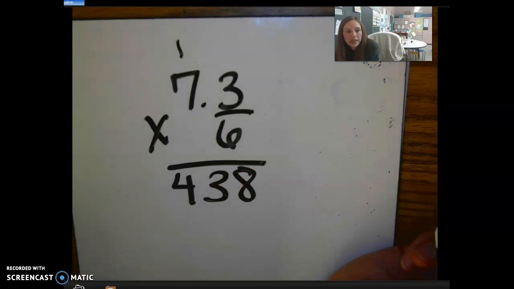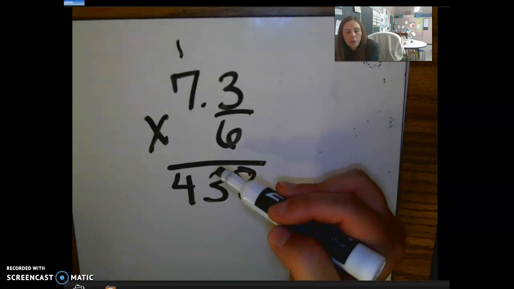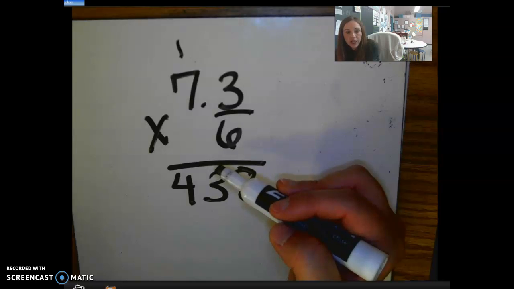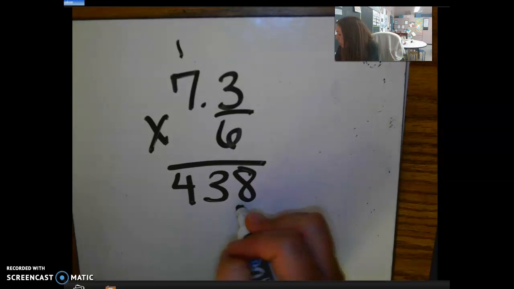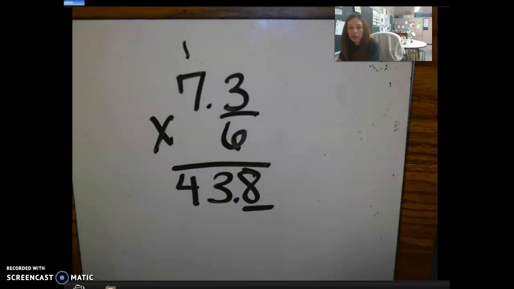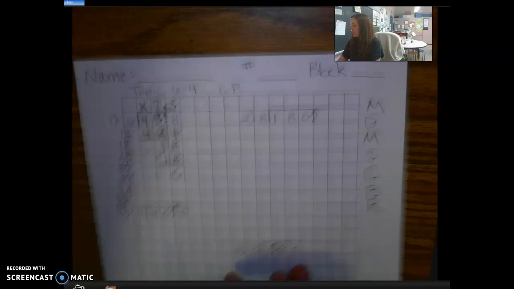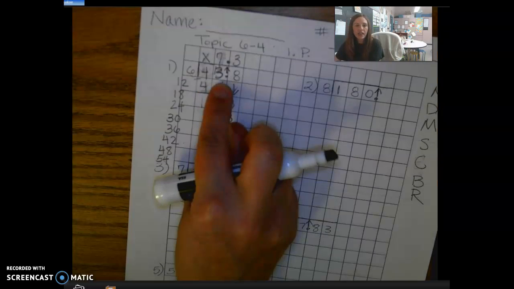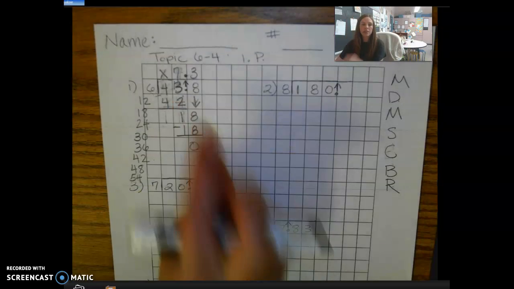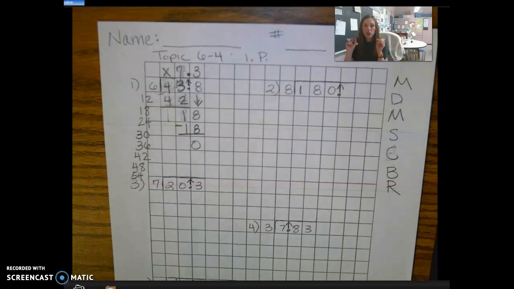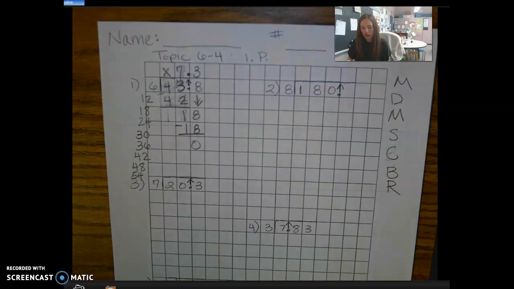Underline one place behind the decimal because our 6 is a whole number, so I'm not going to underline it. Underline one place in our answer, and we get 43 and 8/10. Was that our dividend? 43 and 8/10. So that's one way to make sure we have the decimal in the right spot, of course, is to multiply to check.